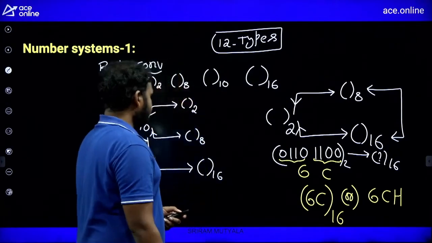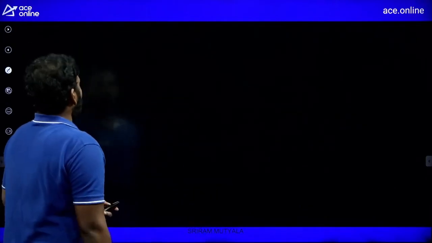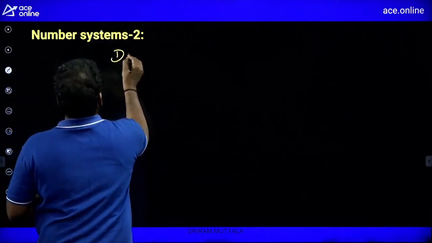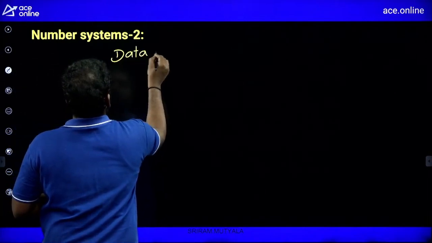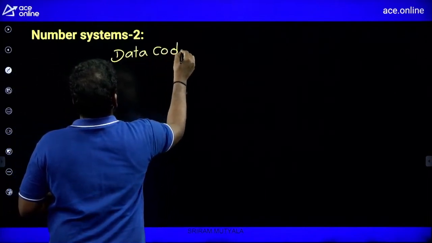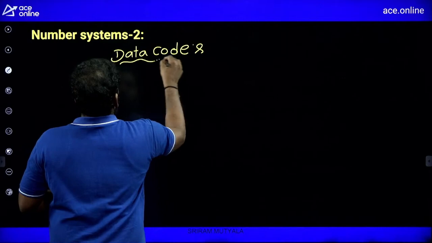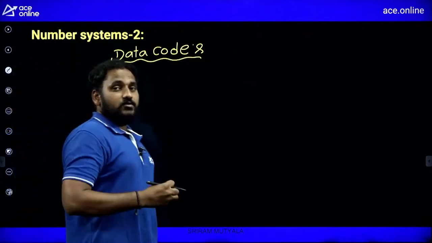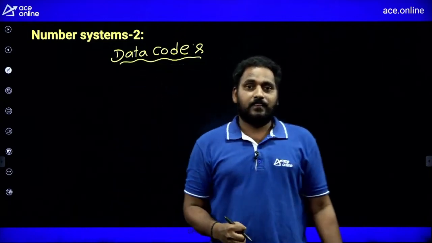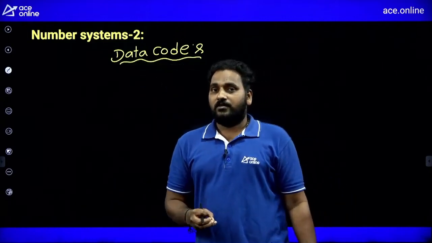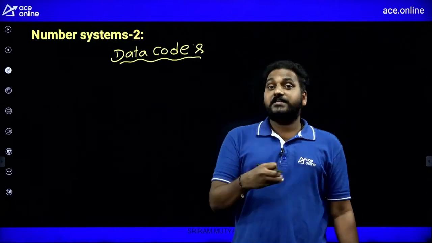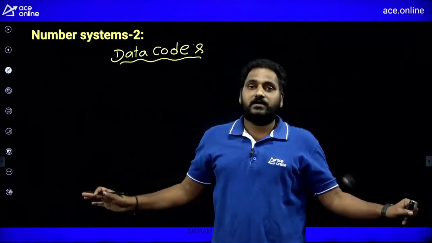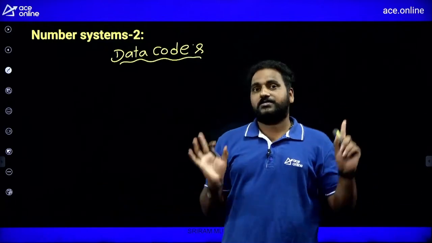Okay? Right. Now, another part of number systems is data codes. There are so many data codes and data conversions, but my suggestion is that the preparation should be very smart. You should not go for the entire topic of digital electronics, okay?